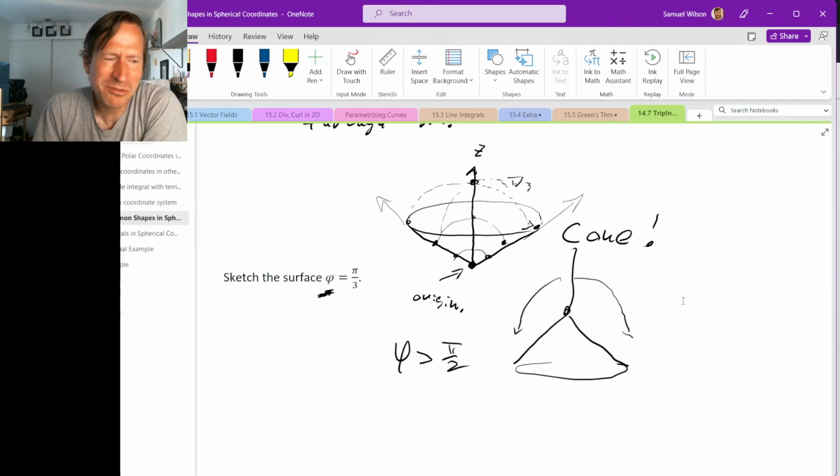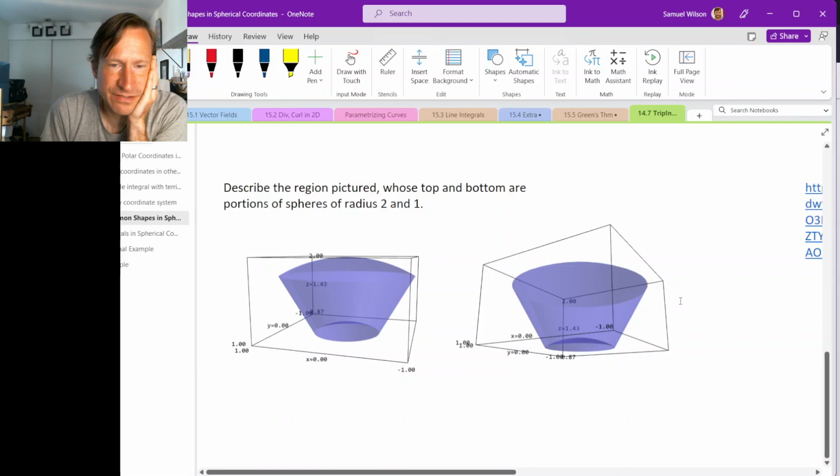So to be able to do that, we're going to have to be able to describe solid regions in space using spherical coordinates. So let's try this solid shape. So this region, its sides are a cone shape, and the top is a part of a sphere with radius 2, and the bottom, which is sort of tucked in there, is part of a sphere with radius 1.